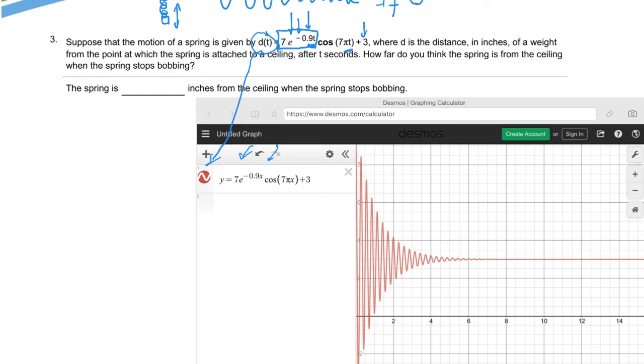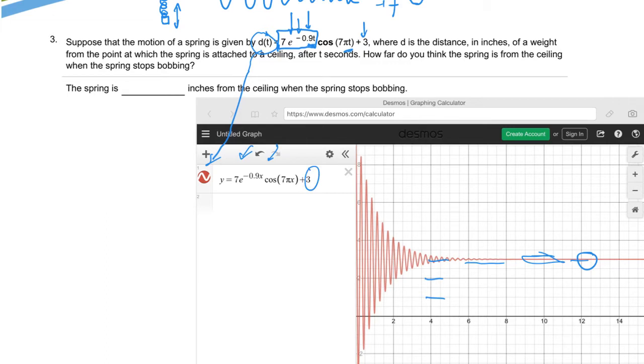Okay, so now they're asking where do you think that this thing stops? Well, when I take a look at the graph, it looks like it's shutting down right about at that number there. So if I look up, this is 1, this is 2, this is 3, it looks like it's shutting down at 3 units away from the ceiling.